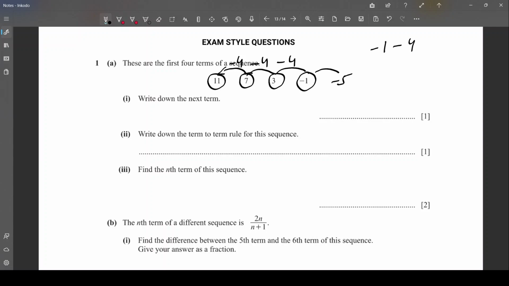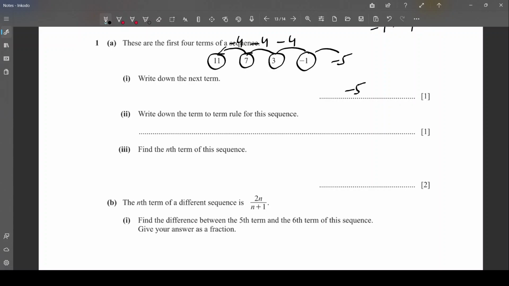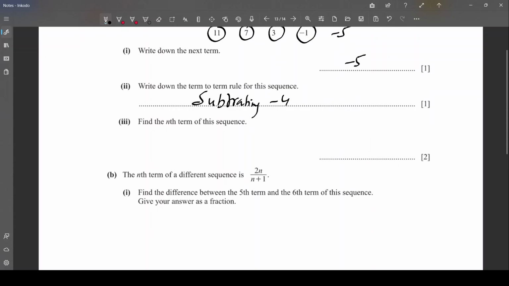If I apply the common difference to the last term, I'll get the next term, that is minus 5. So that is the next term. And to find the term to term rule, we know what we are doing: we are subtracting 4. So we'll be writing subtracting negative 4. That's what the term to term rule is.